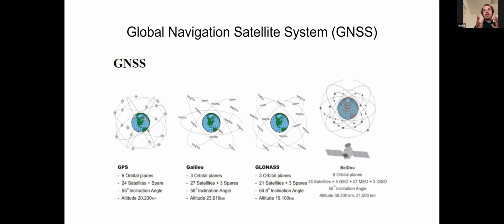It is interesting how the approaches are a little bit different, but the result is very similar between systems. So first of all, how does this actually work? How are we measuring distance? It's very simple. You have a very precise clock on the satellite and a precise clock on the receiver, and you have a timestamp of when it was sent and a timestamp of when it was received, and that gives you a baseline distance measurement.